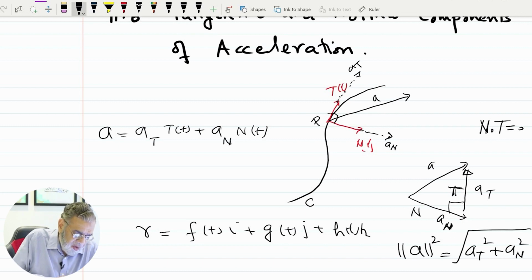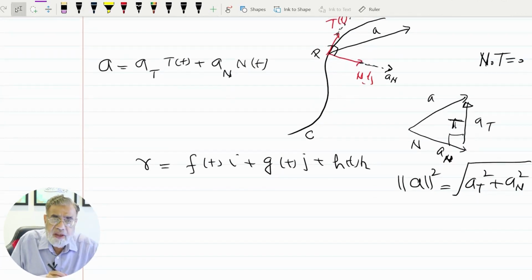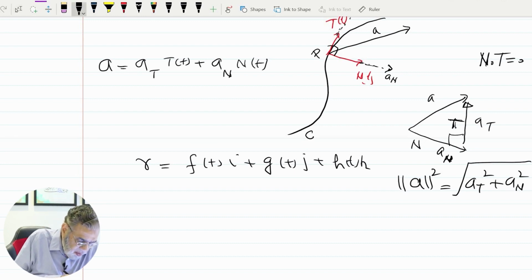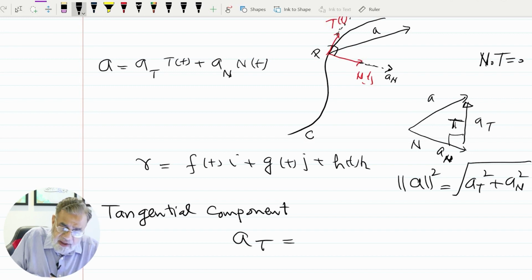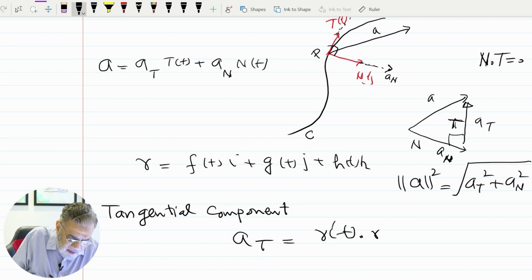Here we have the formulas for finding the tangential component of acceleration. In terms of r(t), we denote a_T is equal to r'(t) dot r''(t) over the magnitude of r'(t).